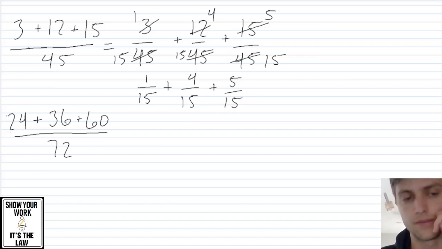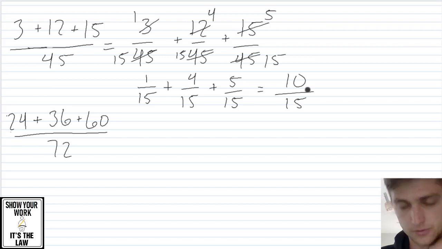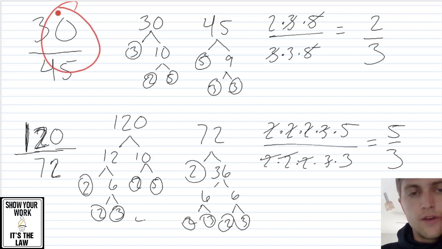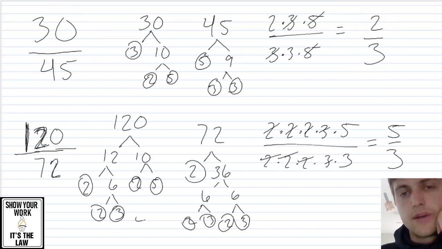So we simplified our three fractions, and we showed that it's the same as 1 over 15 plus 4 over 15 plus 5 over 15. If we add all these up like normal, we would get 10 over 15, which simplifies to, 5 goes into each of them. 5 goes into 10 twice. 5 goes into 15 three times, which simplifies to 2 over 3, which is what we got before for 30 over 45. 2 over 3, so we know we did it right.